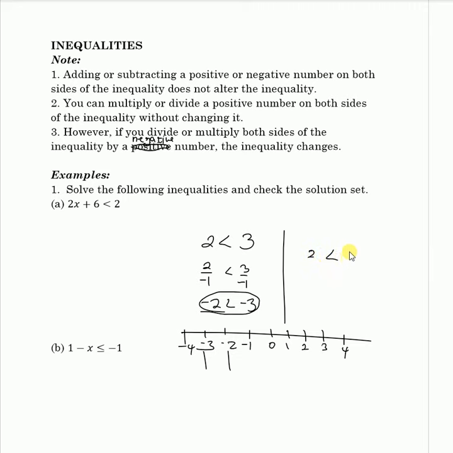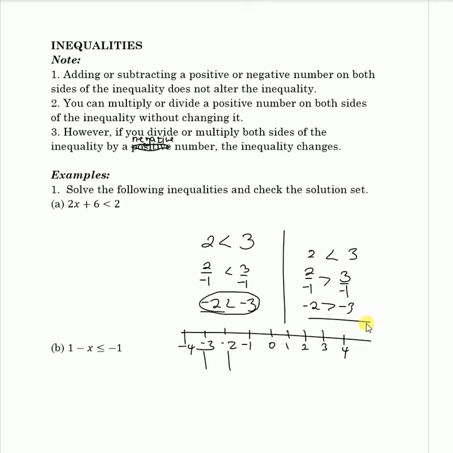We have 2 less than 3. And when we are supposed to divide by negative 1, we would say that now this one is 2 over negative 1 greater than 3 over negative 1. In which case we shall have that negative 2 is greater than negative 3.